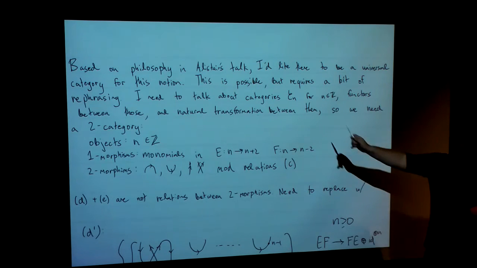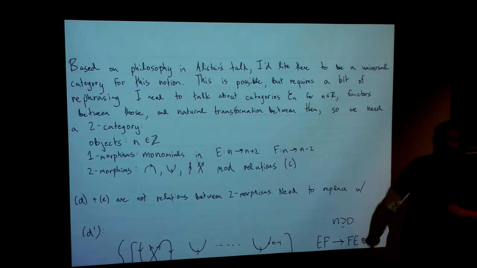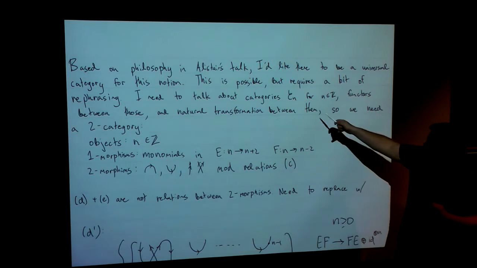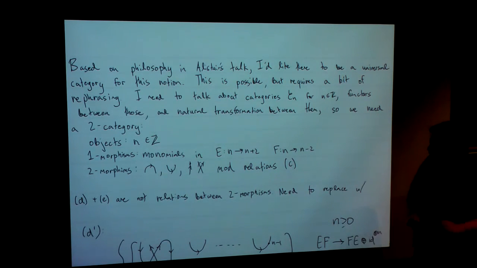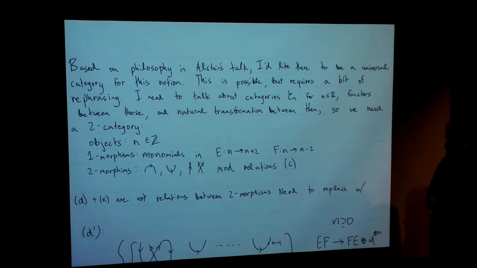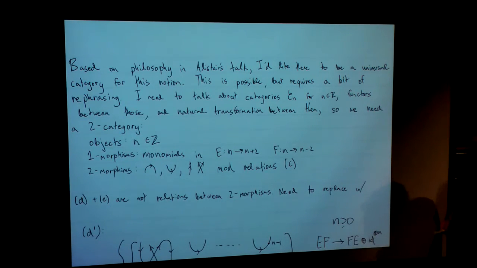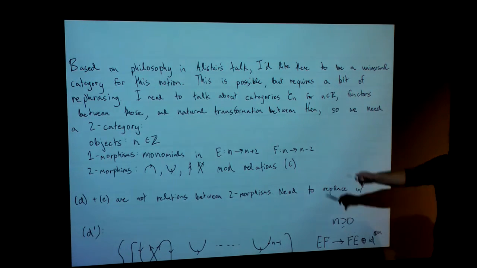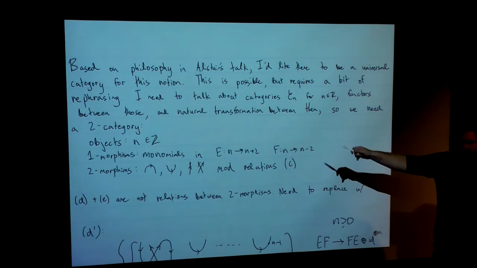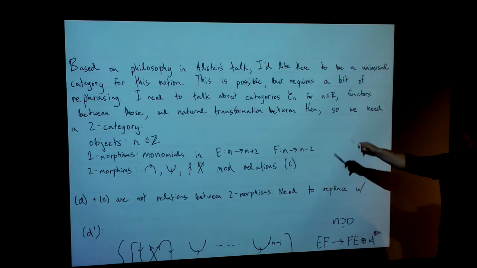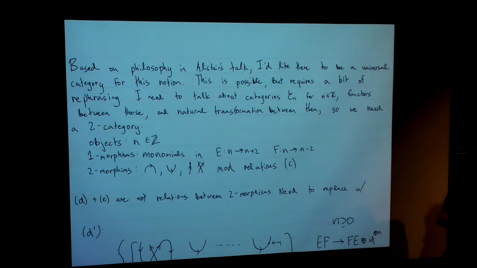All right. So in this 2-category, the objects will be integers. So those correspond to these categories. One-morphisms will be monomials in E and F. And two-morphisms are going to be cup and cap, and dot and crossing, that satisfy certain relations.